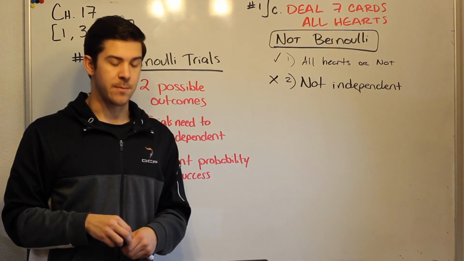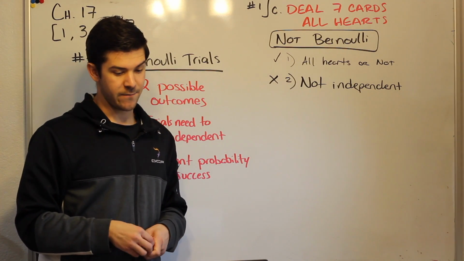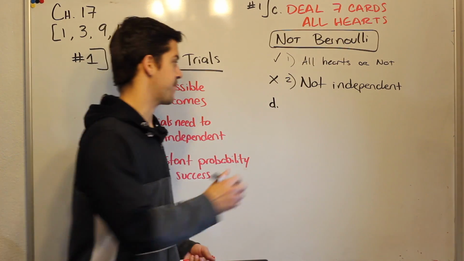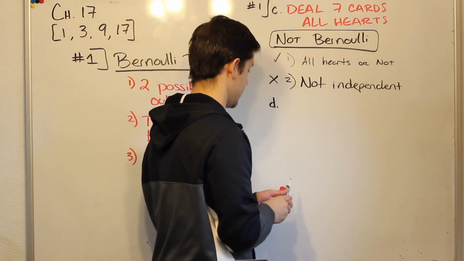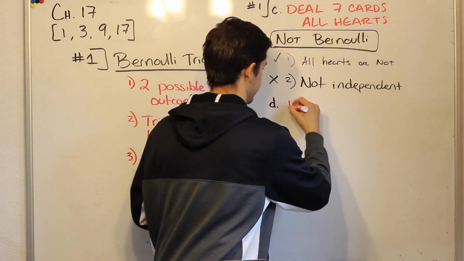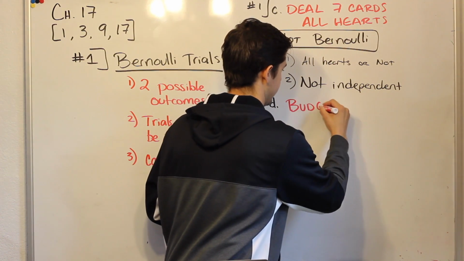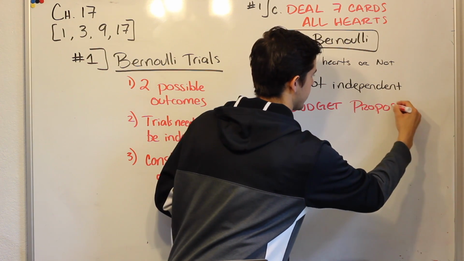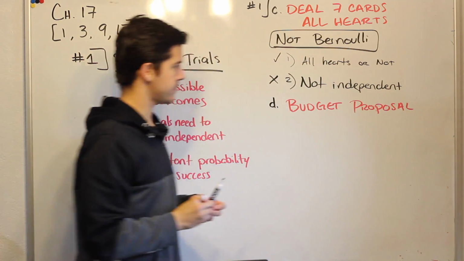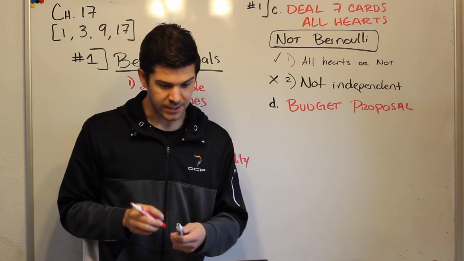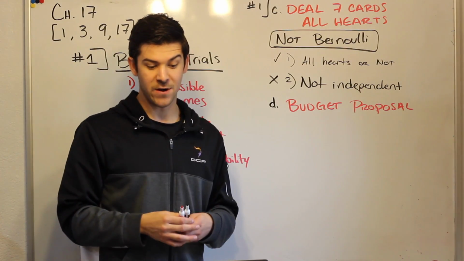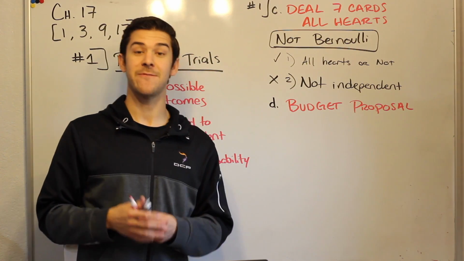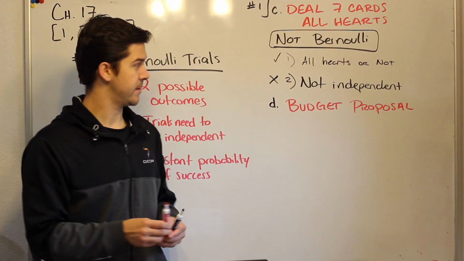Most of the other examples are a little bit easier to look at. For example, for part D, we're actually looking at a budget proposal. And here, they're looking at a poll of 500 of the 3,000 likely voters to see how many would be in favor of the proposed budget.